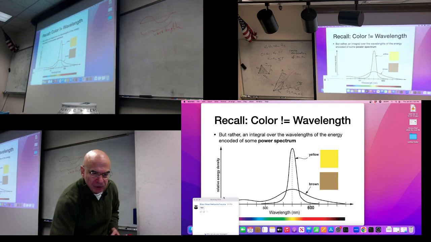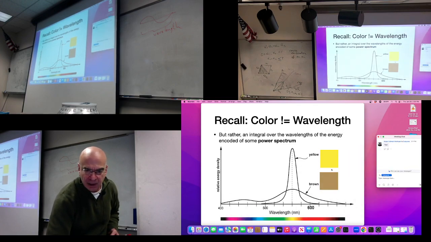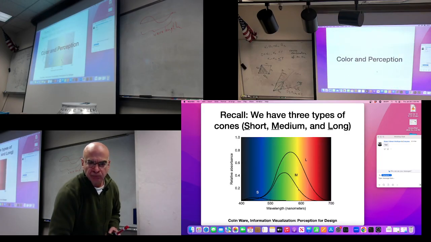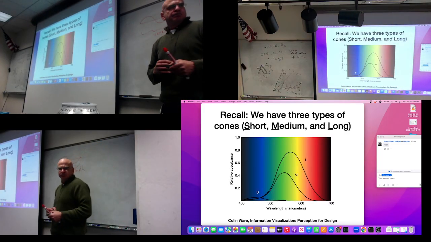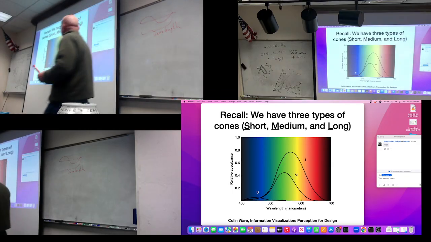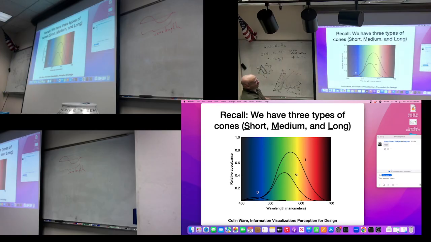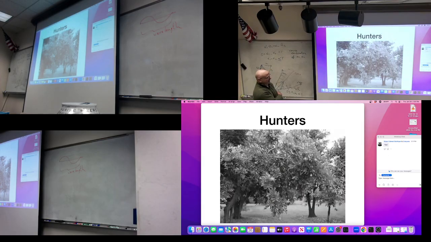Just to distinguish between color and wavelengths. Several sensors in our eyes, depending on the wavelengths that they are sensitive to.